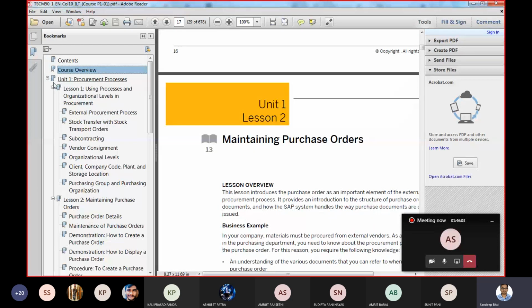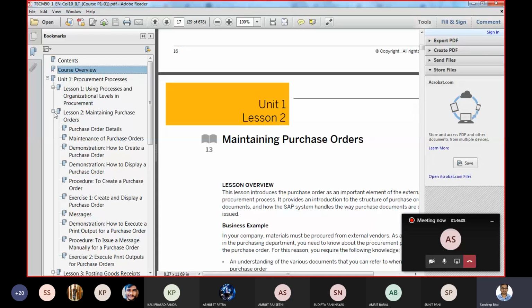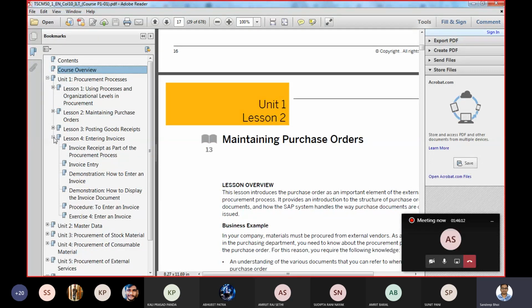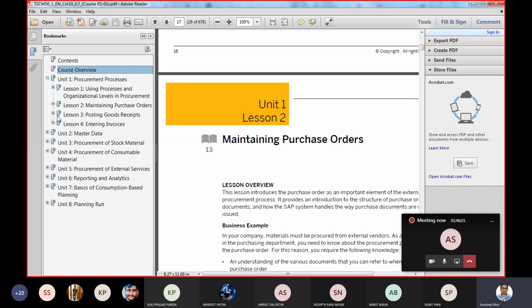Procurement 1, lesson 1 we have completed, and then we will go to lessons 2, 3 and 4. Tomorrow I will deal with maintaining purchase orders, posting goods receipt and entering invoices. For today, I hope the pace is okay with you all.